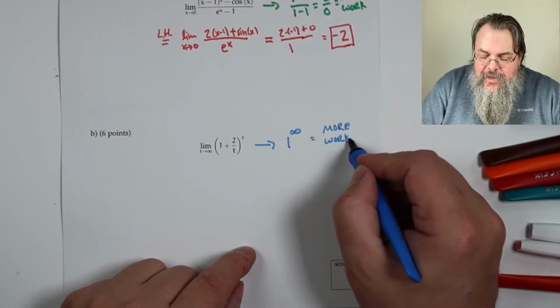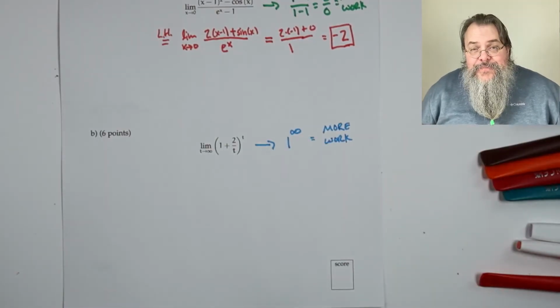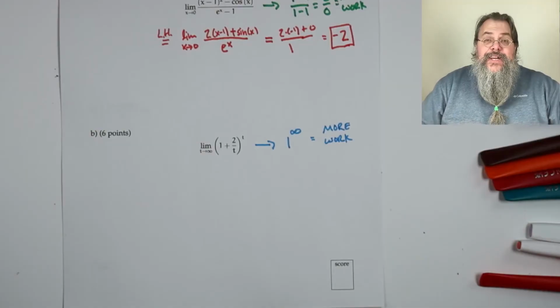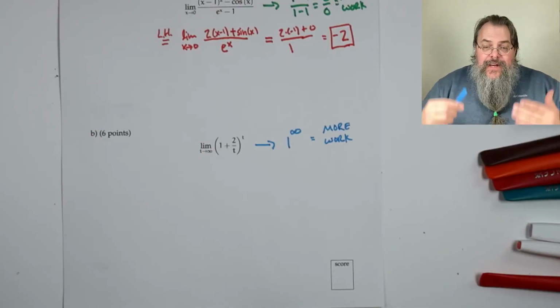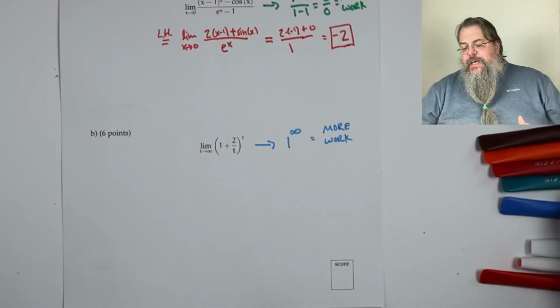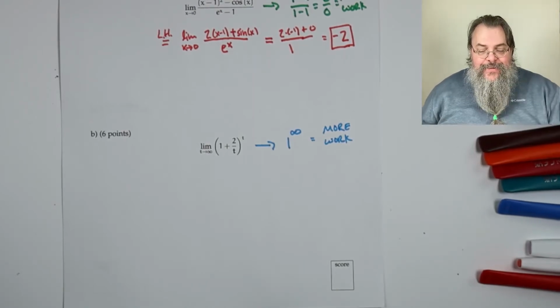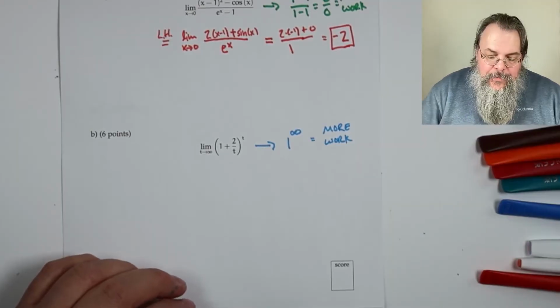More work. Now, problem. We're not ready for L'Hôpital, because L'Hôpital needs a fraction. This is not a fraction. And so we can't do L'Hôpital, but we have ways of making things into fractions. What's our way?